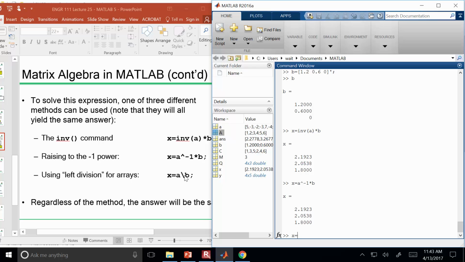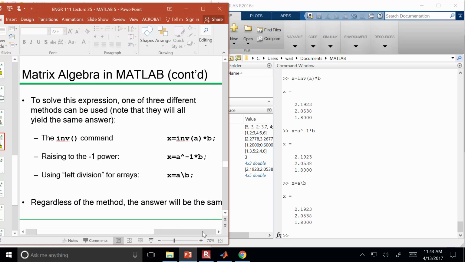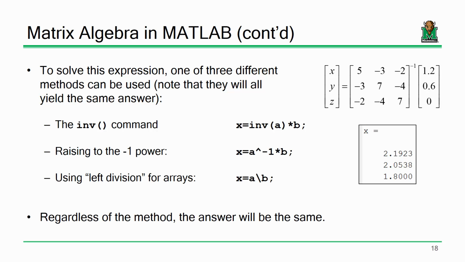Sorry. x equals A left division b. We get the same answer. So that's not the normal divided by symbol that we do. It's left division, and that's the key we use for arrays. So the answer is the same, but believe it or not, it took a different amount of time to do each one of those.